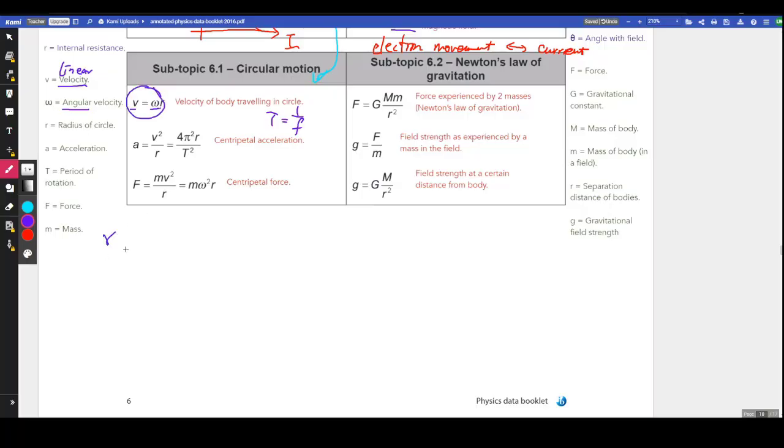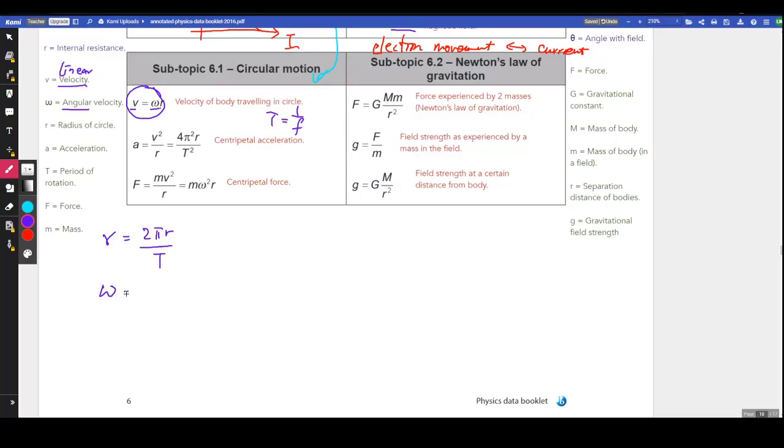V, linear velocity, has a definition in circular motion that is 2 pi r, which is the circumference of the circle, divided by the time period you need. So that obviously is simply how much you run divided by the time that it takes. So this is linear velocity.